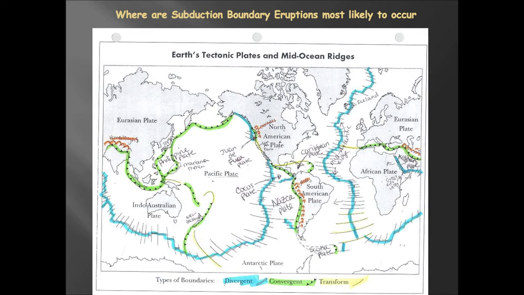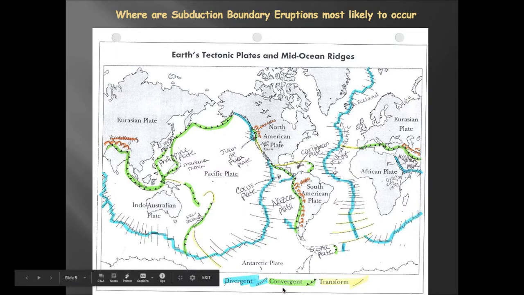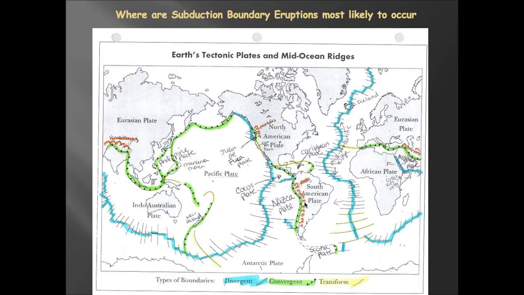All right. So if I look at my map again, I want to know where this is going to happen so I can be ready for it. Well, subduction boundaries are at convergent boundaries. And remember, subduction only happens with oceanic crust. So I'm going to look for convergent boundaries along oceans. So there's one along the coast of South America, all of these are volcanoes. There's volcanoes in Mexico and Central America.